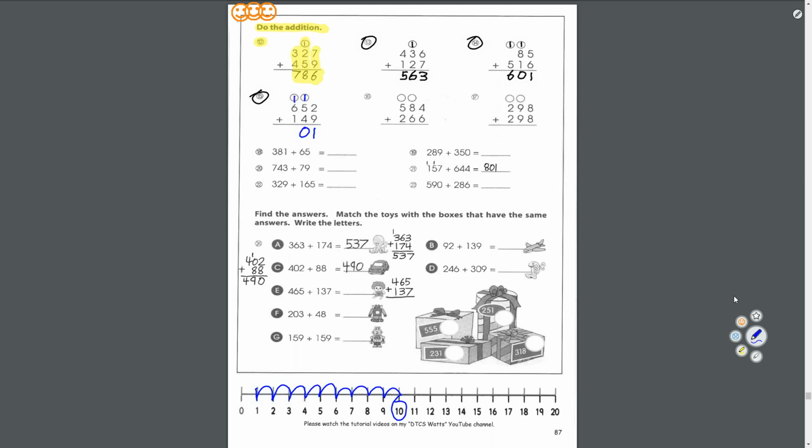Now 1 plus 6 plus 1, or 6 plus 1 plus 1 equals 8. 801.